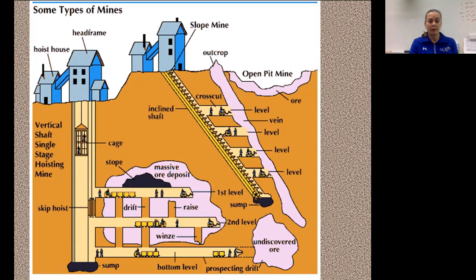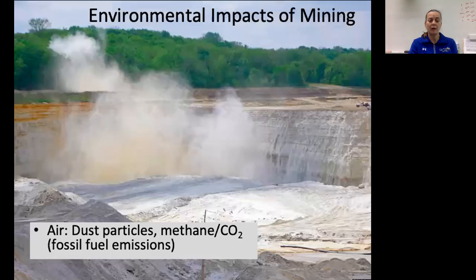So what are the environmental impacts of mining? Well, as far as the air, all surface mining particularly throws a lot of dust particles into the air. It can free methane that has been buried underground. And then there tend to be lots of carbon dioxide emissions because this is very large, very heavy equipment.